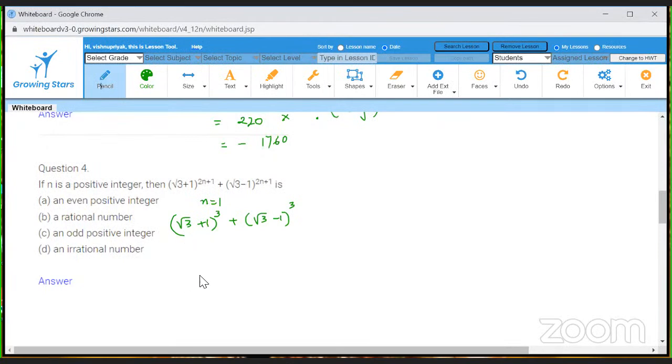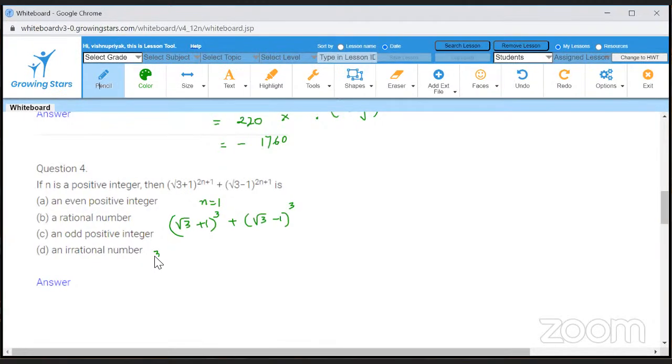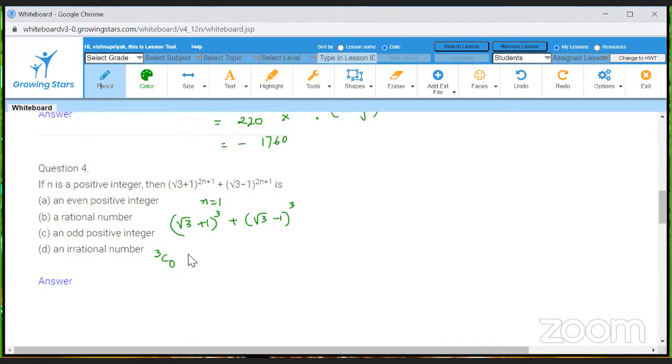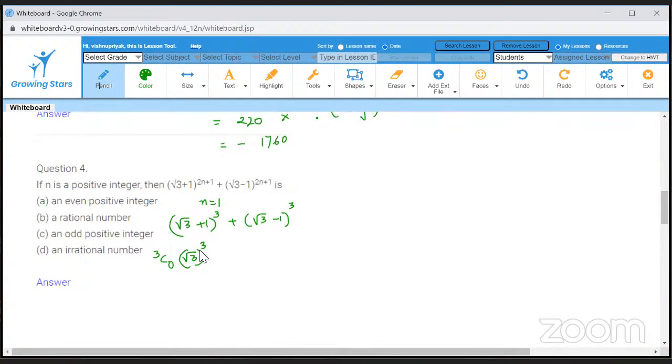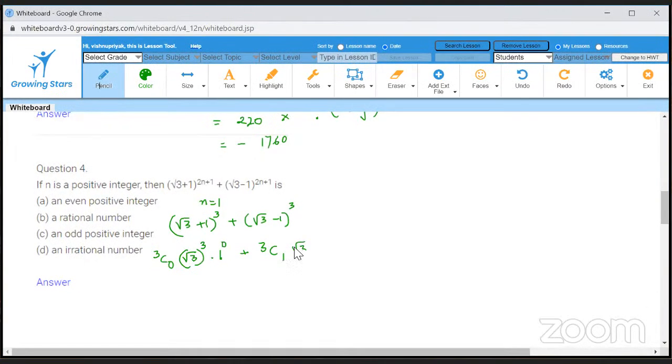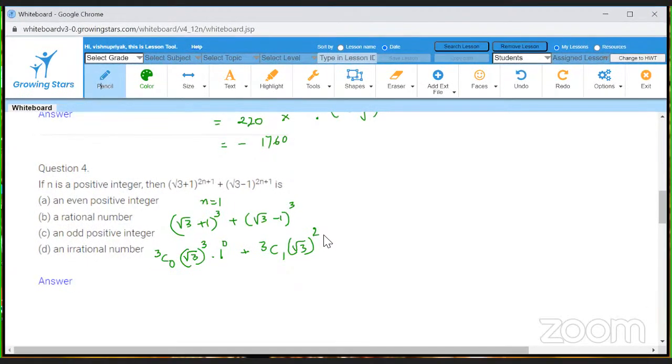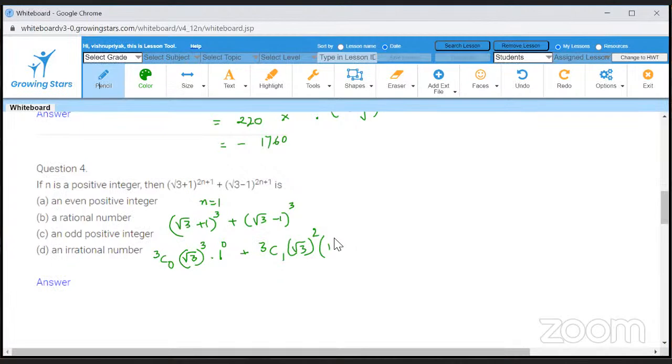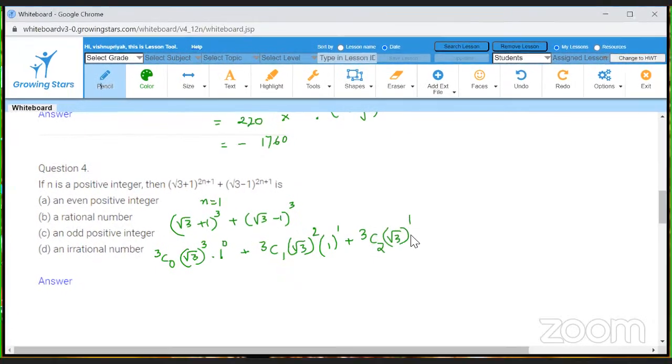So when you expand, what you will have? nC0 x power n minus r and a power r, nC1 x power n minus 1, and so on up to nCr x power n minus r a power r.